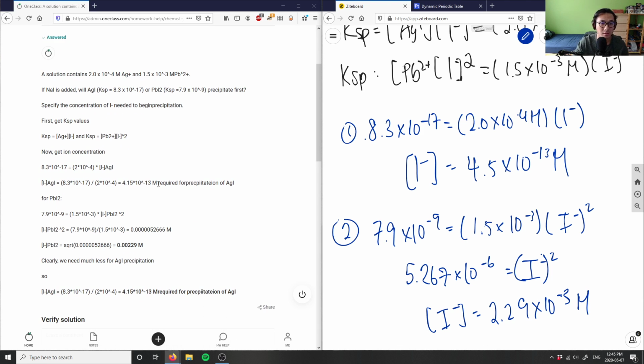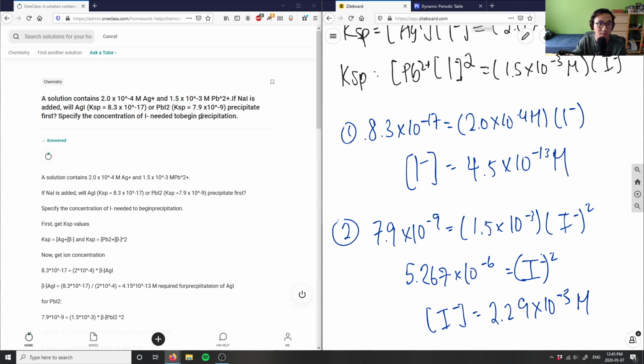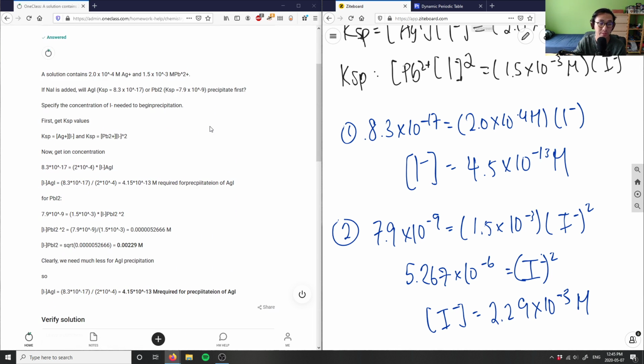So as you can see, I have the concentration of iodide for my silver iodide and the concentration of iodide for my lead iodide here. Clearly we need much less for our silver iodide, right? So it says which one will precipitate first?